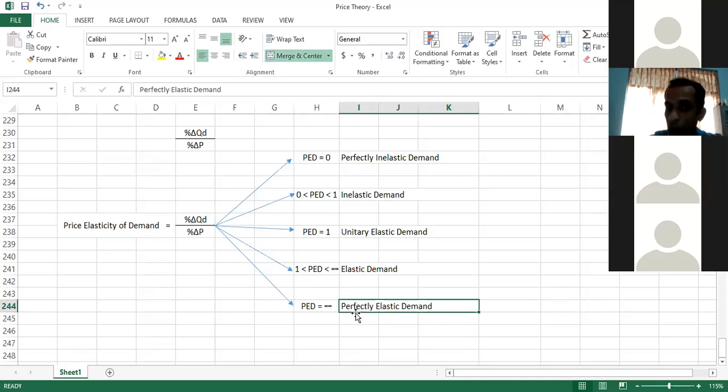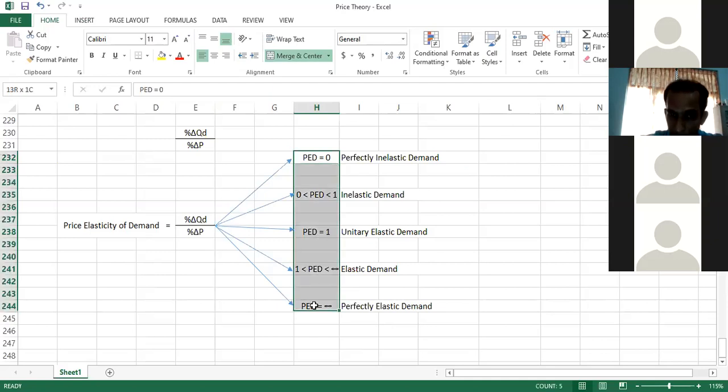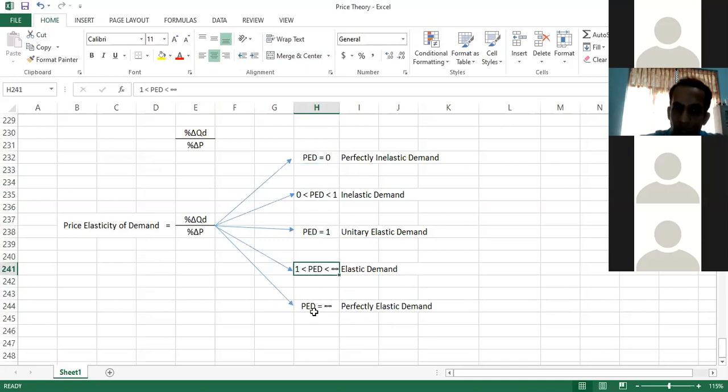So even if we categorize price elasticity of demand into 5 categories based on the possible answers that we can get, practically only 2 categories we can see very often. What are the 2 categories? Inelastic and elastic.